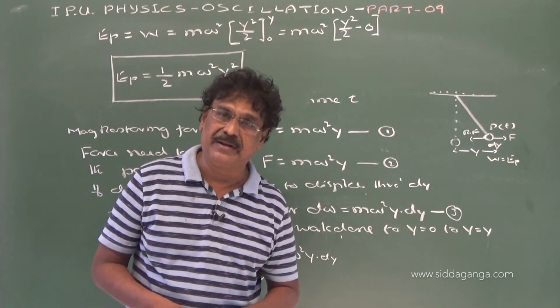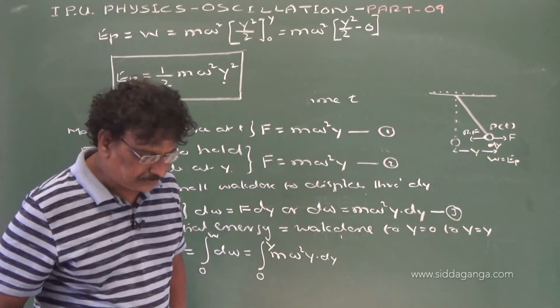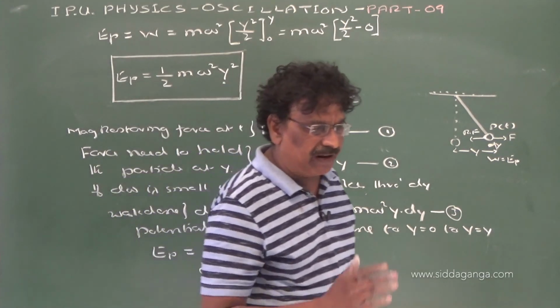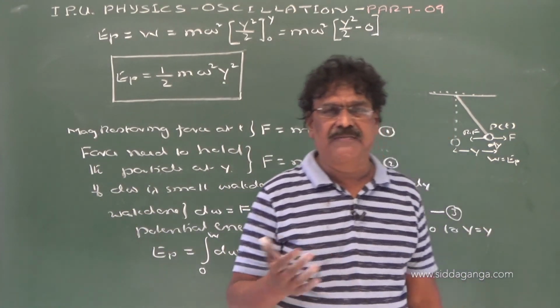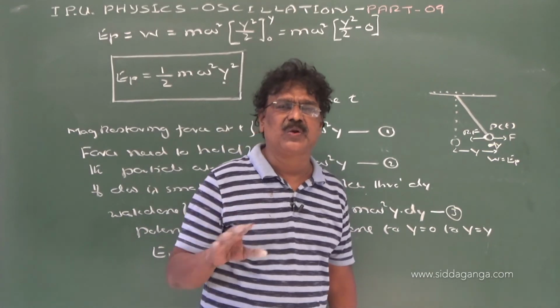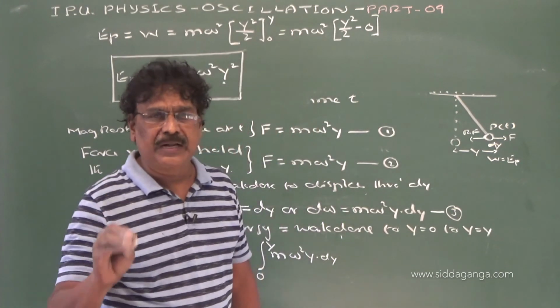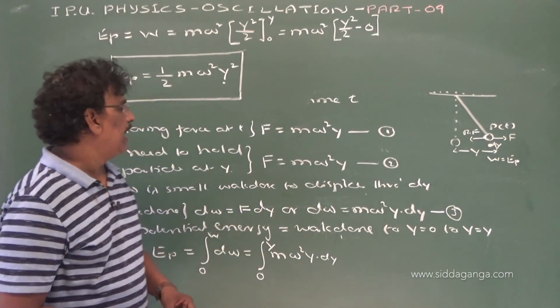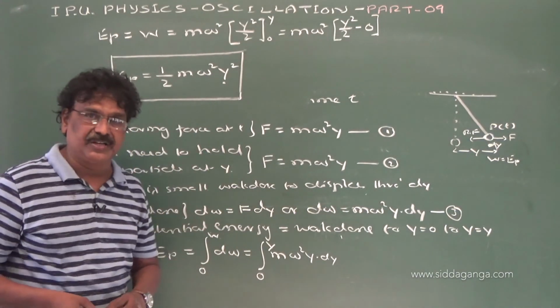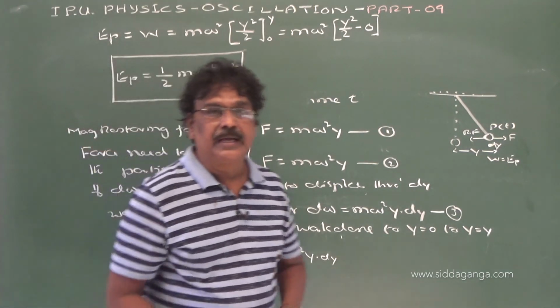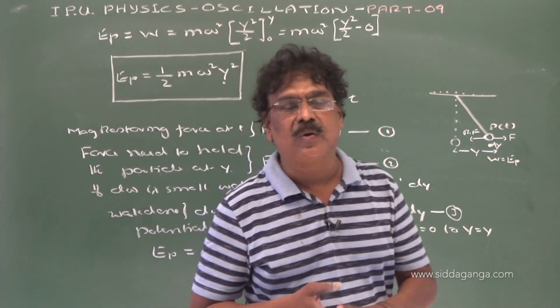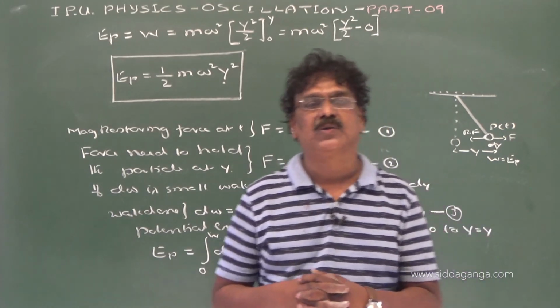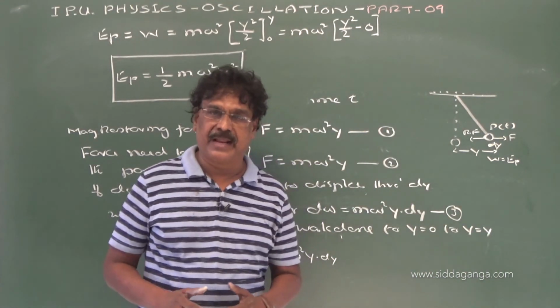So just like the velocity, acceleration and restoring force of simple harmonic motion, the potential energy also changes with respect to time. And remember this equation: EP is equal to half m omega square y square.